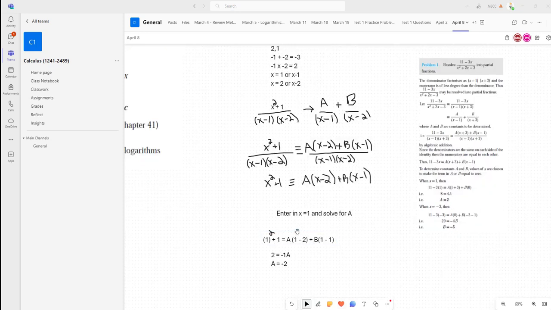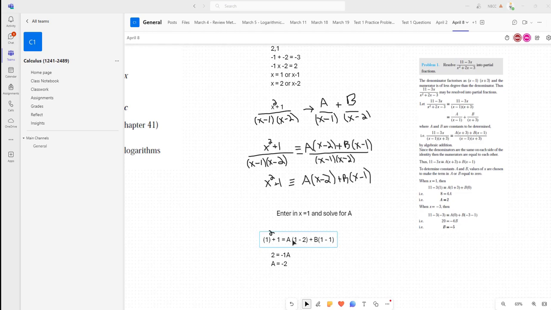Okay, so when I entered x equals 1 and solved for a, I put 1 in here. Don't forget it's still x squared, but we still have to evaluate it. So we have 1 squared plus 1. Here we have a times, and we put our x as 1, so we have 1 minus 2, plus b, and we have an x here, so we put a 1 in, so it's 1 minus 1, which is 0.